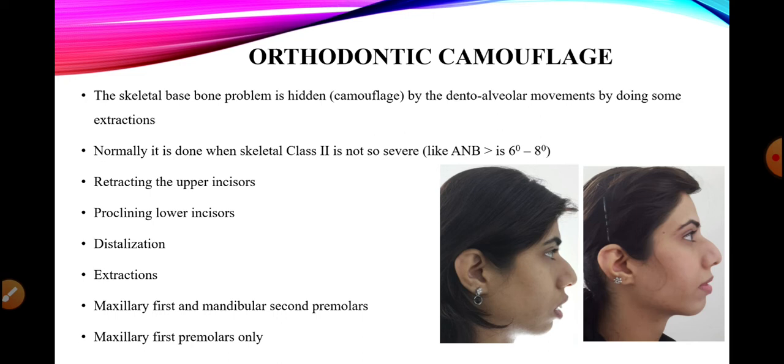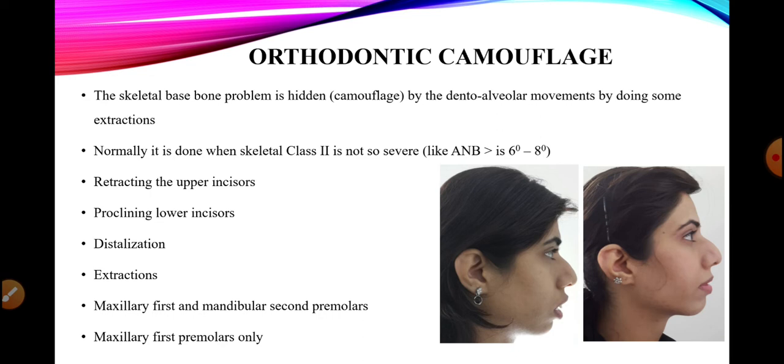But here we need to know that we are accepting the underlying skeletal discrepancy. We are not changing any skeletal proportions, but we are just moving the teeth into a correct class 1 relationship. And usually orthodontic camouflage is performed when the skeletal contribution to the malocclusion is small.